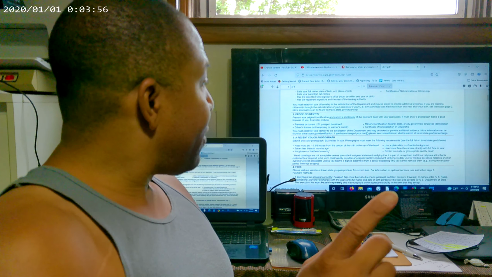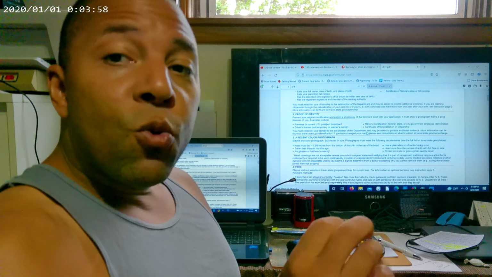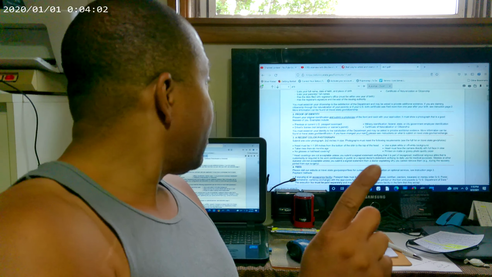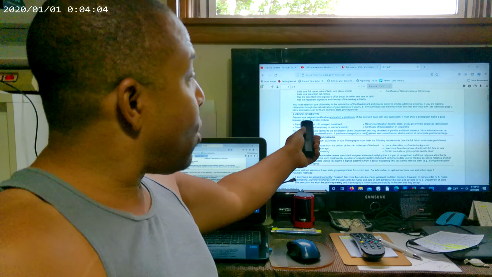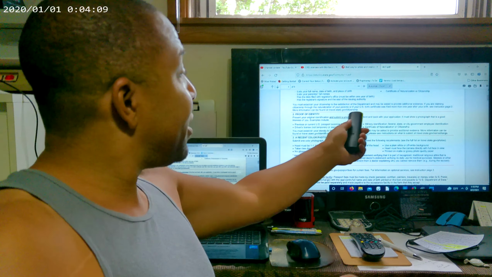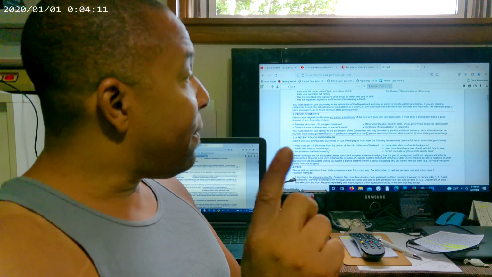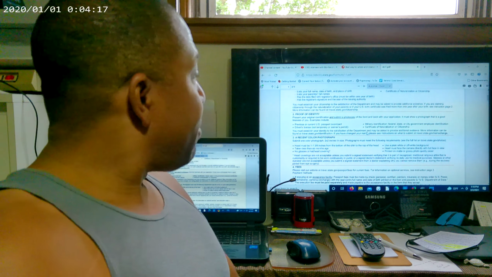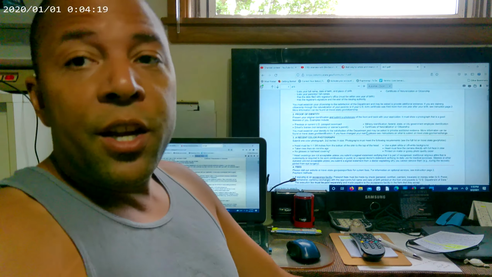And I notice on here that they don't outwardly say that you can create your own ID. But it does say present your original identification. Then it goes on to say, and submit a copy of the front and back of your application. Because some people have copies and they don't have the backs. So what is present your original identification?